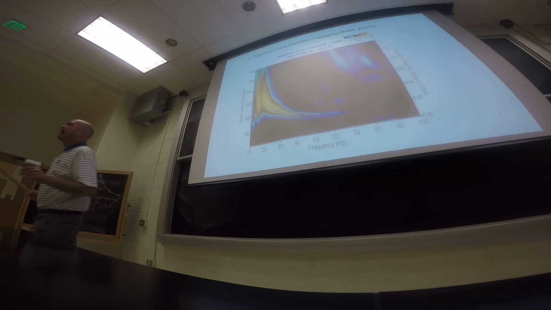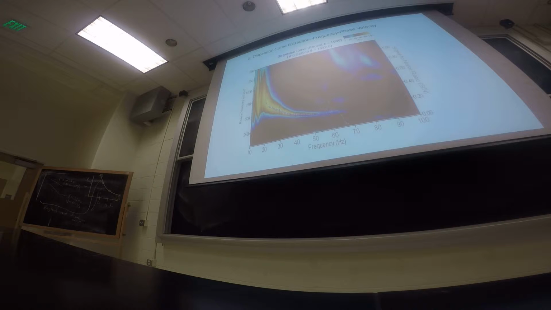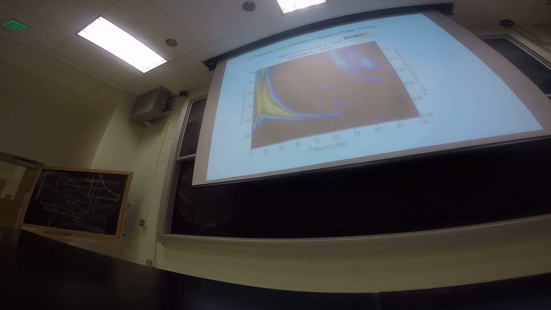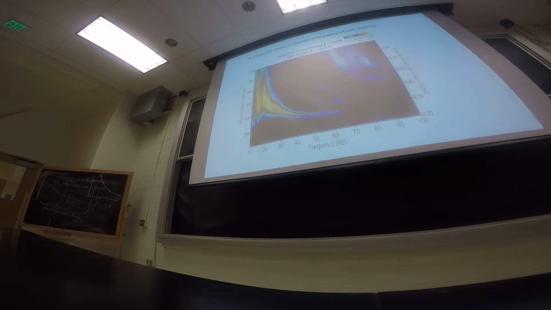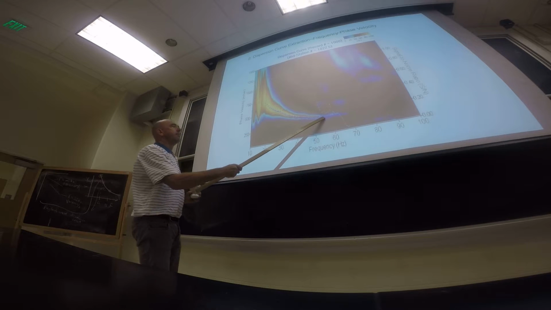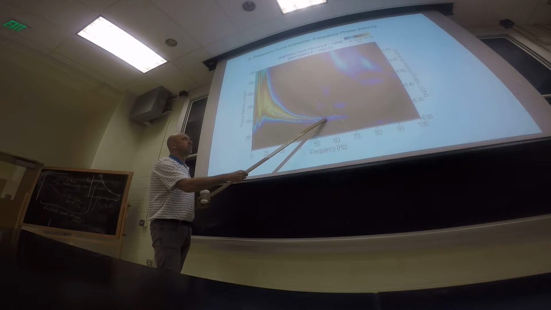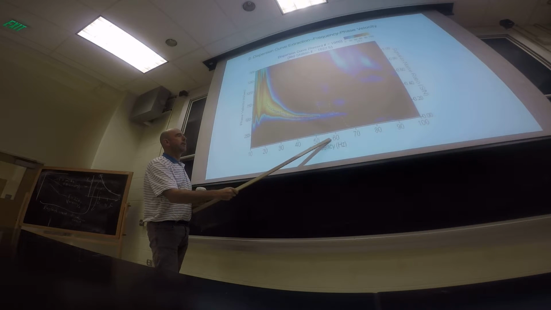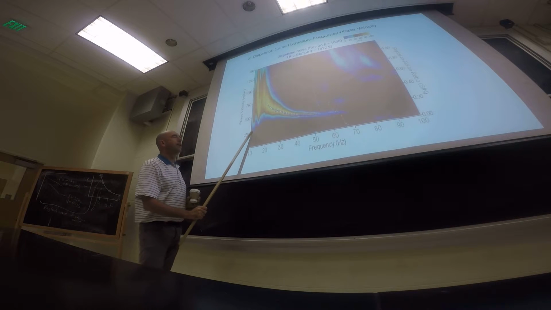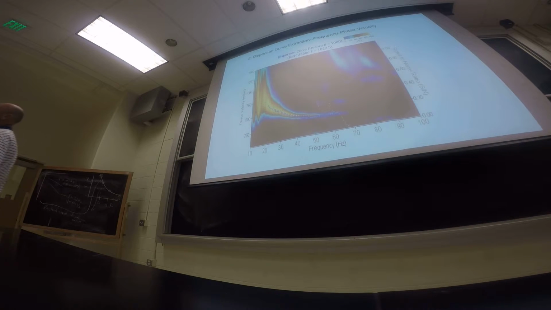Maybe it's not exactly at the surface, maybe it's a meter or a few meters underneath it. What would be the wavelength right here? We've got a frequency of 55 hertz and a velocity of 250 meters per second. What would the wavelength be?